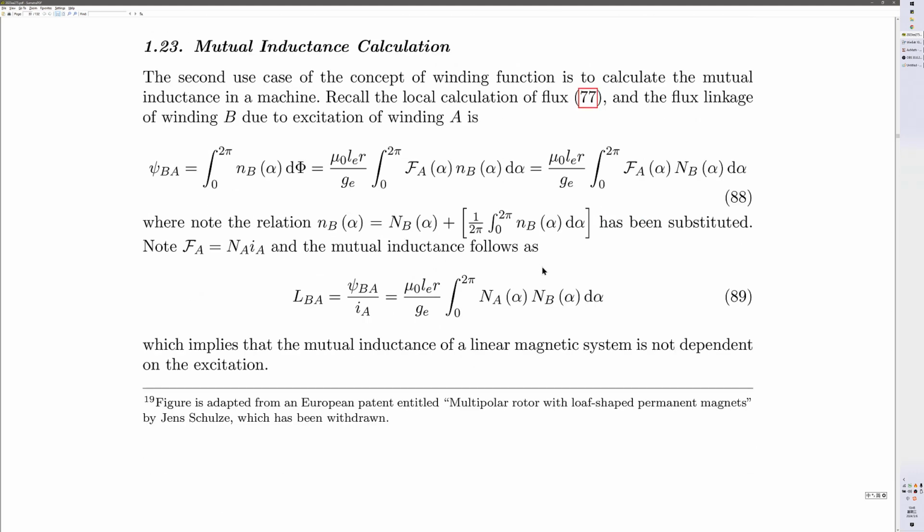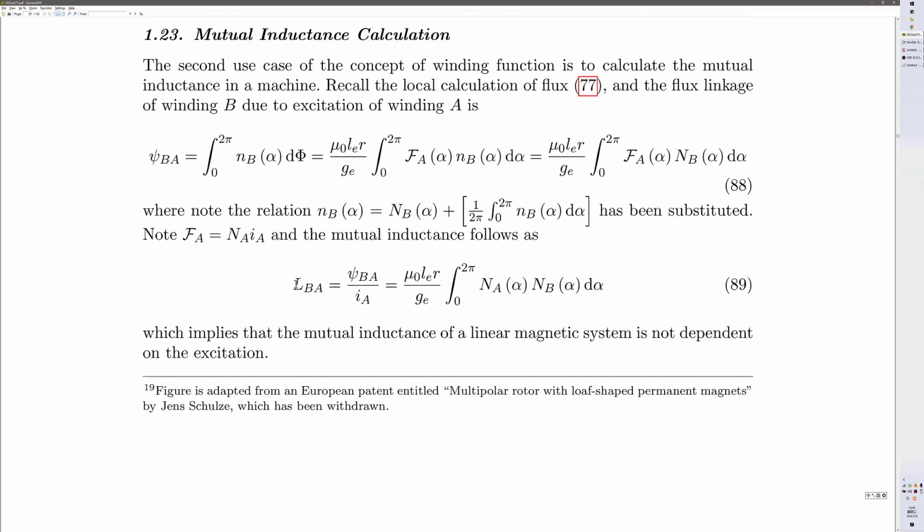We are now ready to derive the expression to calculate the mutual inductance. So mutual inductance is basically a result of some current in circuit A. The flux lines produced by the current IA pass through the space of the coil of circuit B, and we have flux linkage on circuit B that's due to current IA.